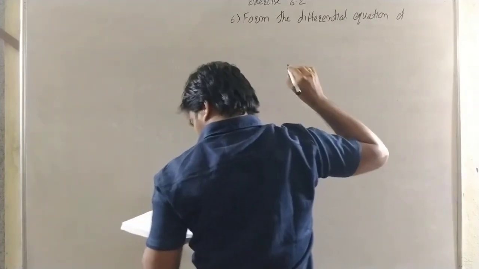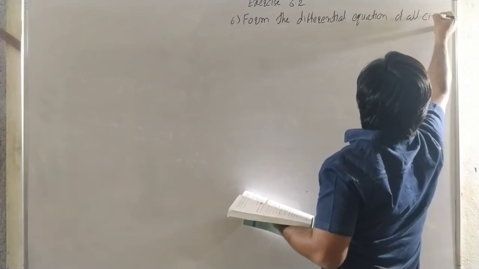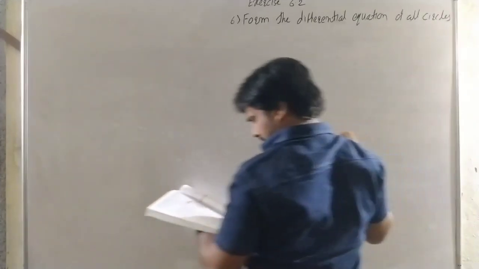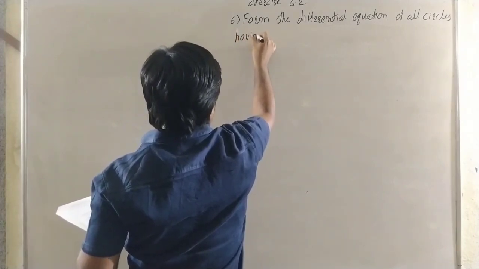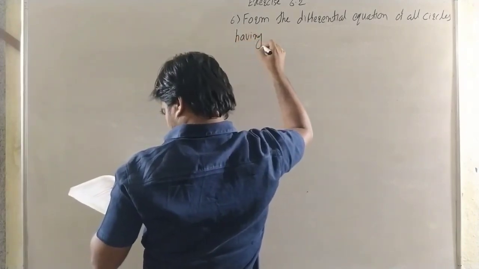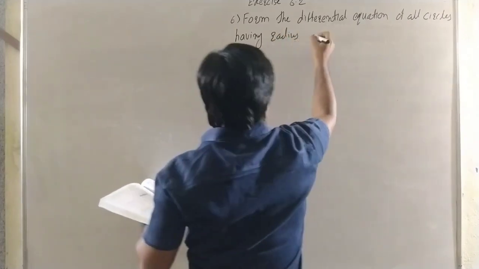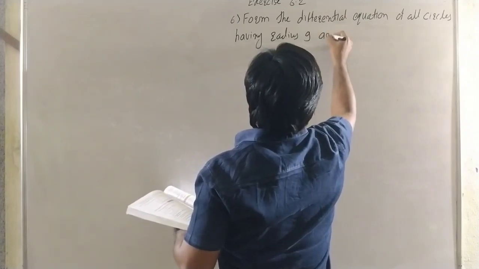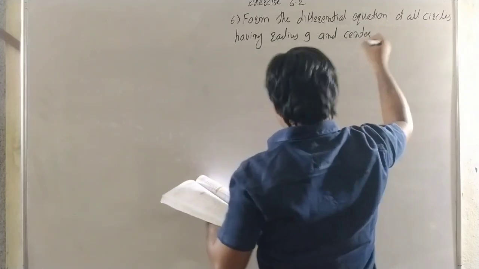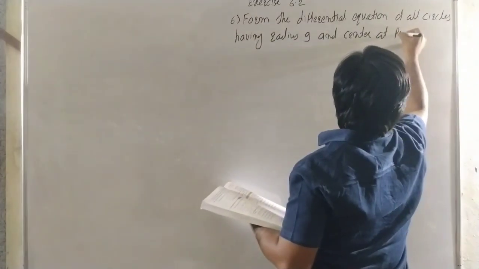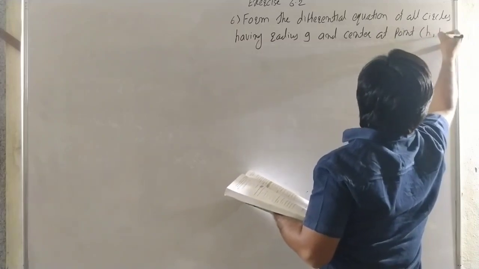Form the differential equation of all circles having radius 9 and center at point h comma k.